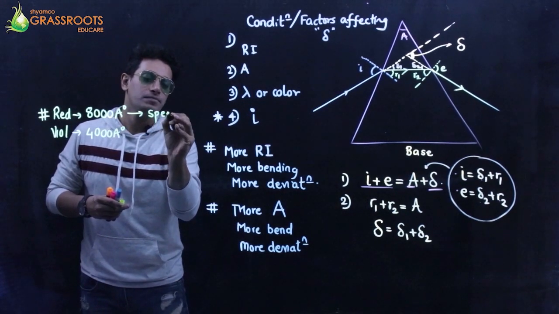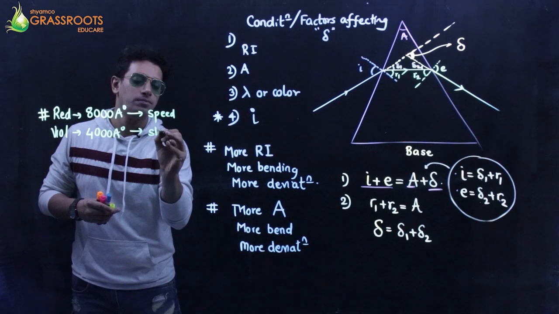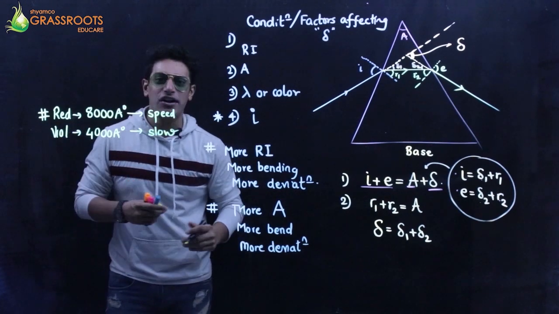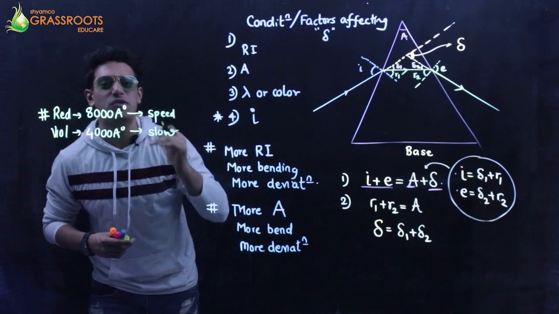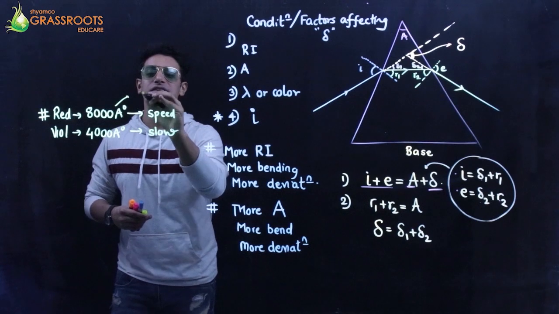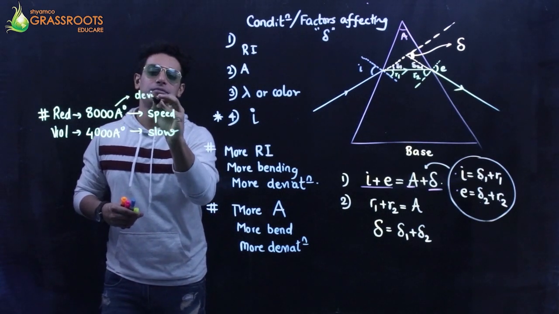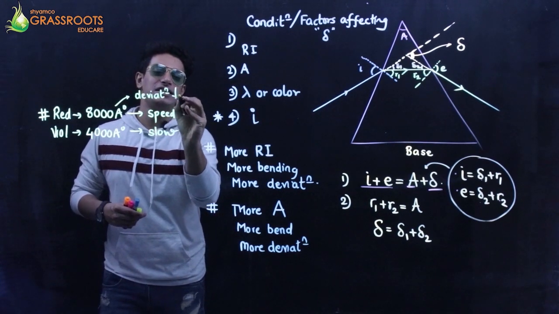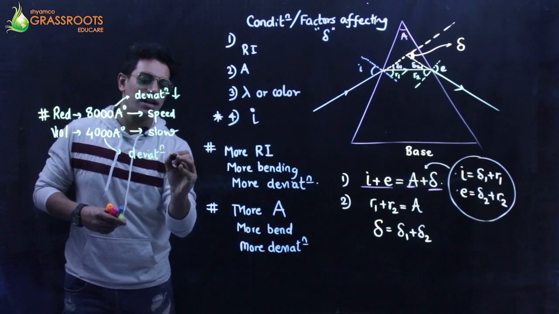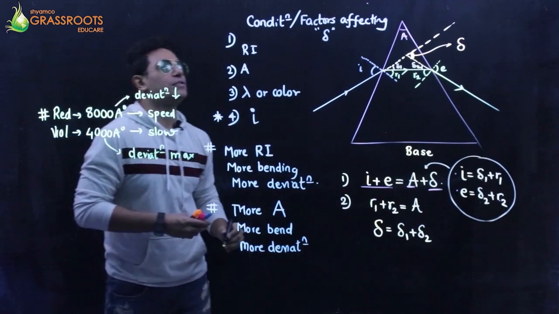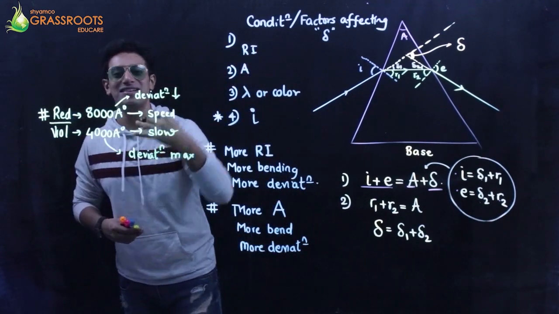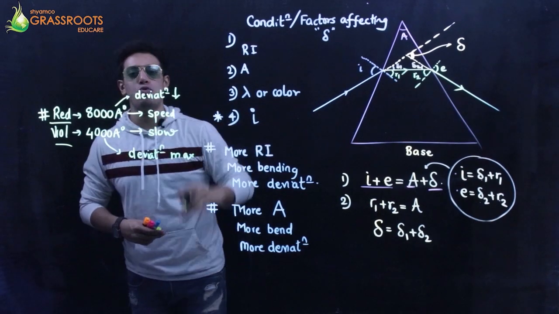Violet is slow as compared to the red light. So if red light travels the fastest, it has more wavelength, the bending will be less. So I will say the deviation for the red light is minimum and the deviation for the violet light is maximum, right? So factors affecting the deviation, red light deviates the least, violet deviates the most.